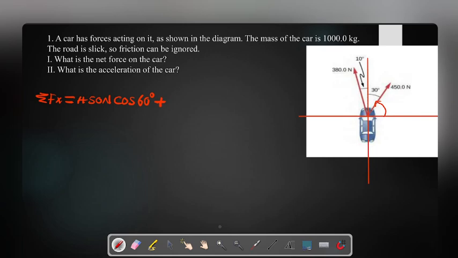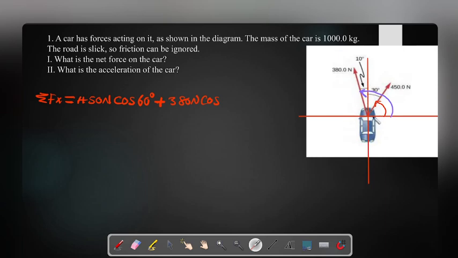We'll do the same for this other force. The angle we pick will start again from the same 0 all the way up to this force. Here the size of the force is 380 newtons, and we use cos since this is the x component.